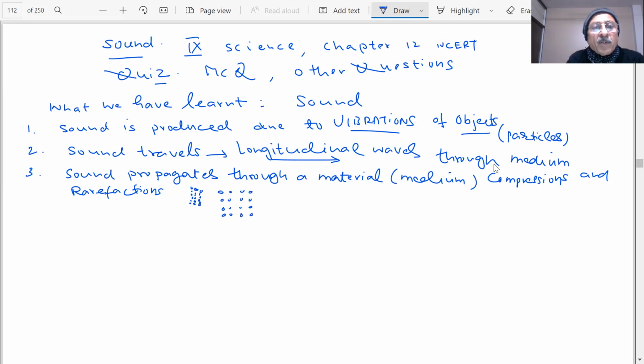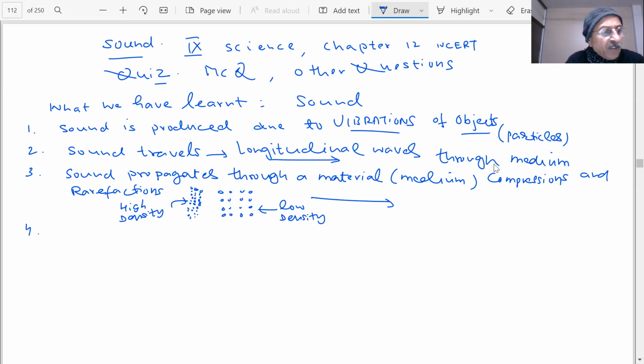High density means high pressure, and rarefaction is low density, and they are propagating in space.